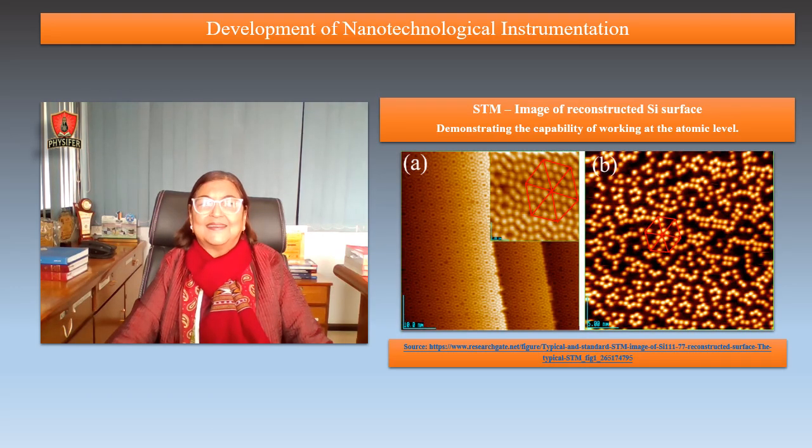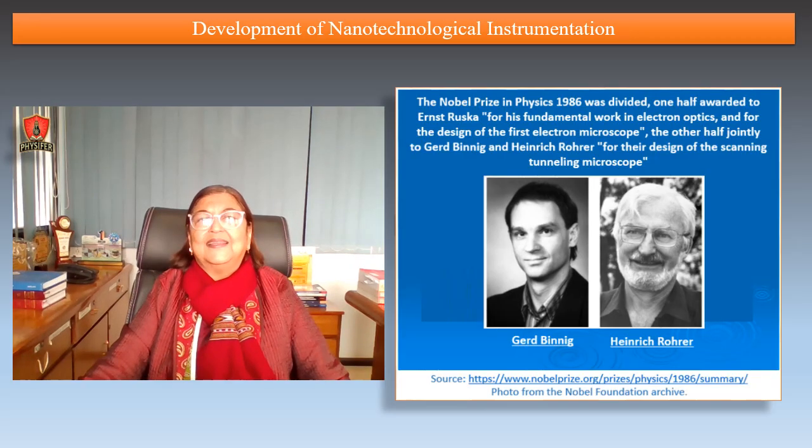In 1983, the group published the first STM image of reconstructed surface of the silicon wafer, which nowadays can be routinely imaged. This was considered to be a landmark development as it demonstrated the capability to work at the atomic or nanoscale. The inventors received the Nobel Prize in Physics for their design of the STM later in 1986.